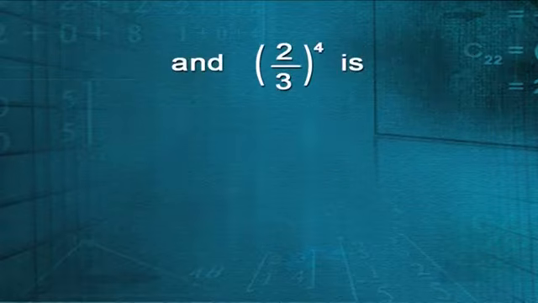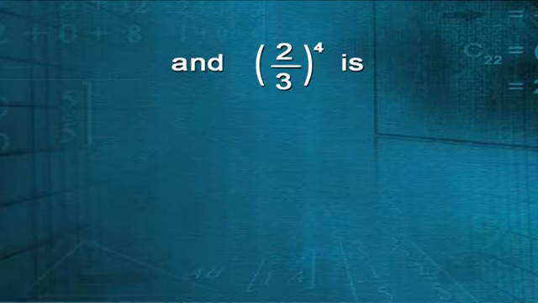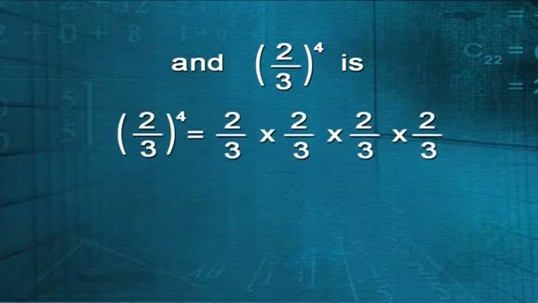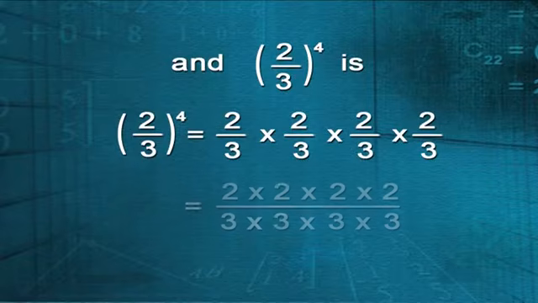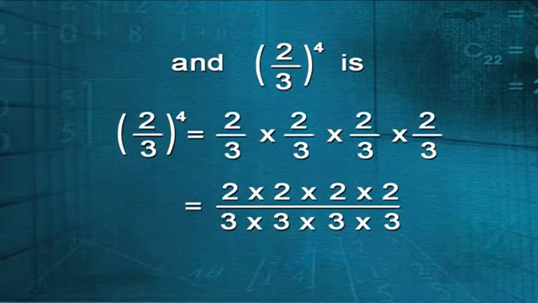Next number is 2 by 3 raised to power 4, which is 2 by 3 into 2 by 3 into 2 by 3 into 2 by 3, 4 times, which can be written as 2 into 2 into 2 into 2 in the numerator, and in the denominator it is 3 into 3 into 3 into 3, 4 times.